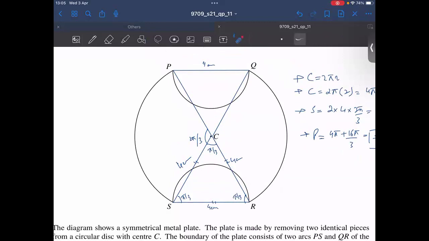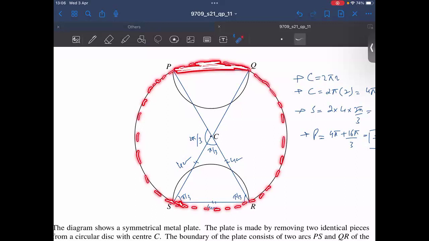I'm going to calculate the area of the circle, and from that area of the circle, I'm going to subtract the area of these segments.